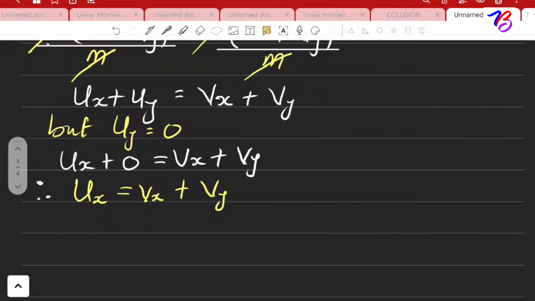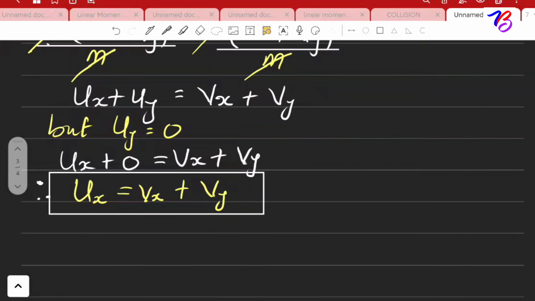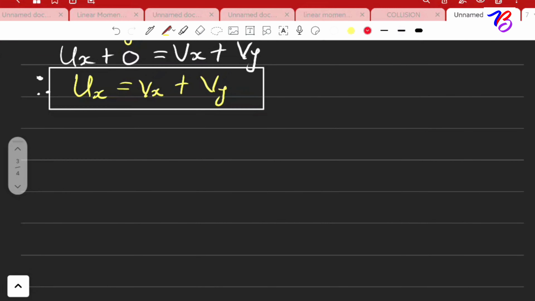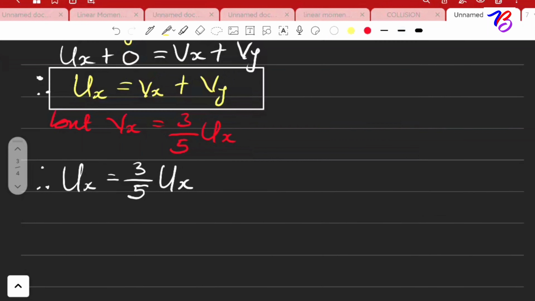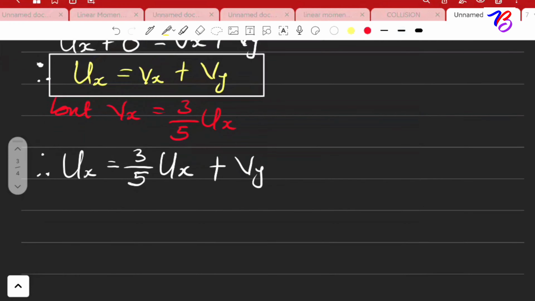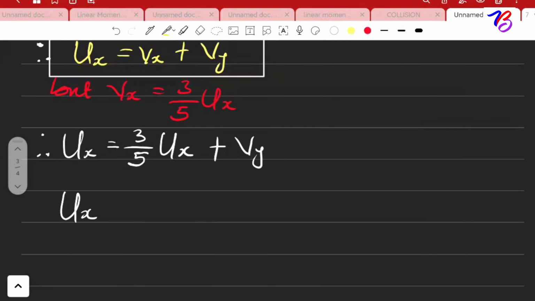Recall that v of x is equal to 3 over 5 u of x. We substitute that in, so u of x will equal 3 over 5 u of x plus v of y. Let's collect like terms: u of x minus 3 over 5 u of x will equal v of y.